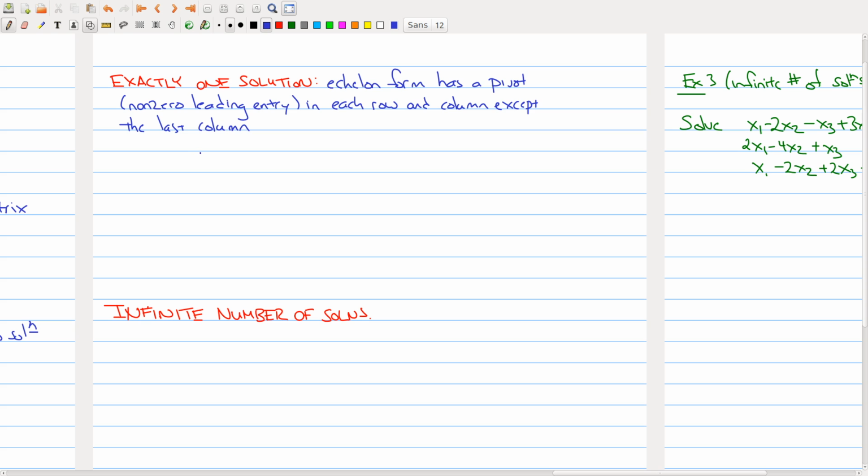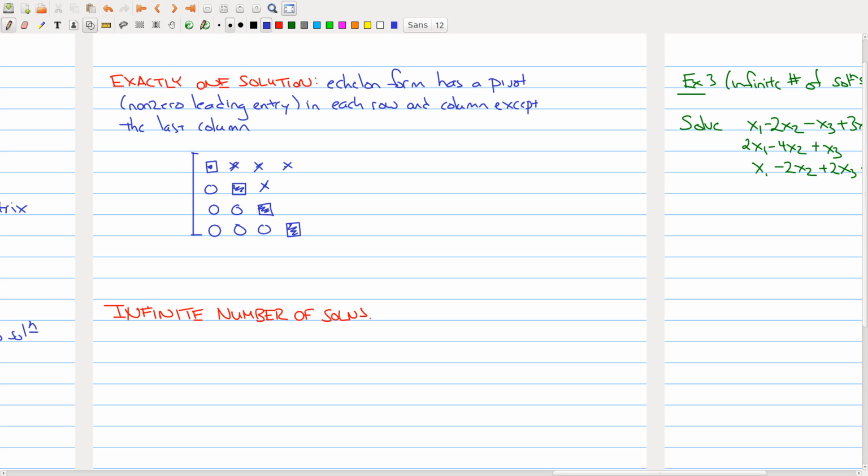So let me just draw you what kind of shape you should expect that your matrix should look like when you're done. So you'll have some sort of non-zero entry here. Let's color that in. And then a bunch of zeros here. Maybe we have another non-zero entry here and some zeros. And so each row and each column is supposed to have a non-zero entry. So it looks like this.